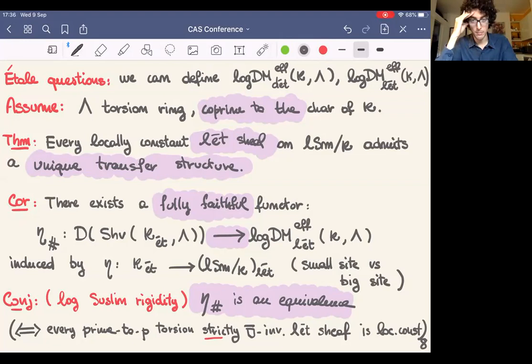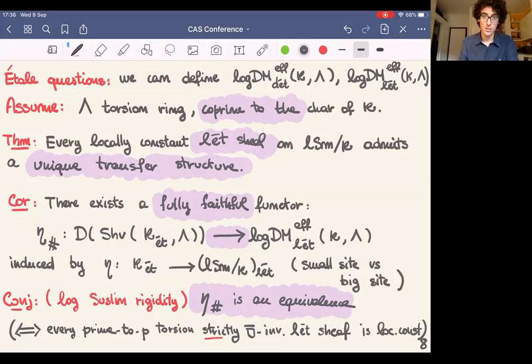If you compute the strict étale cohomology of mu_n on the cube, this is the same as the cohomology of P1 with mu_n coefficients, and that is not isomorphic in general to the cohomology of Spec K. So for example, if K contains all the n-th roots of unity, then Z mod n is not a strictly cube invariant sheaf for the strict étale topology. So one has to be a bit careful, and to safely state the conjecture, we have to restrict ourselves to the strictly cube invariant sheaves.